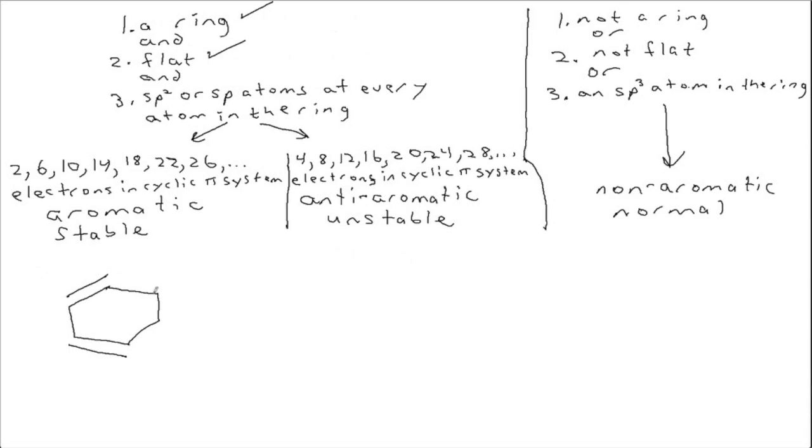However, notice this is sp3. Or is it? What is the hybridization of this carbon? That is sp3. The exception doesn't apply, so it's just a normal sp3. So this rule wasn't satisfied. So what category is this in? Non-aromatic? Yeah, this is non-aromatic.